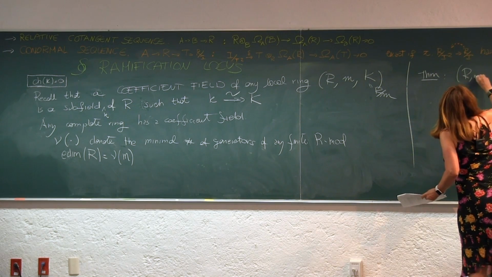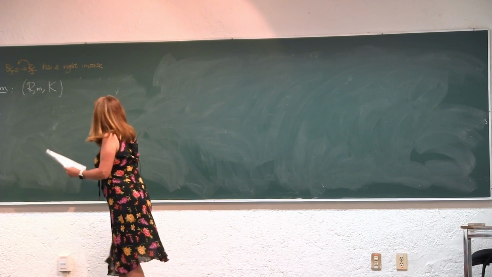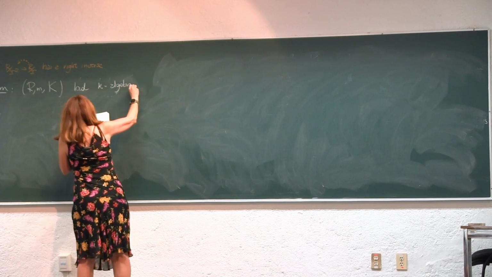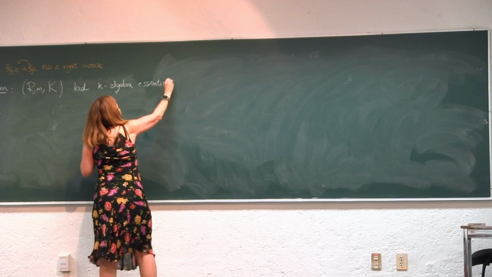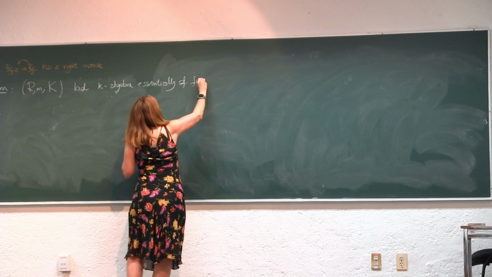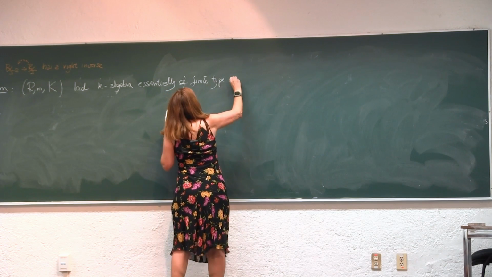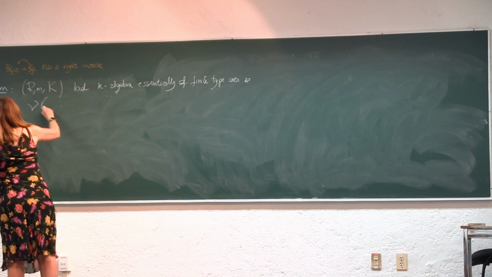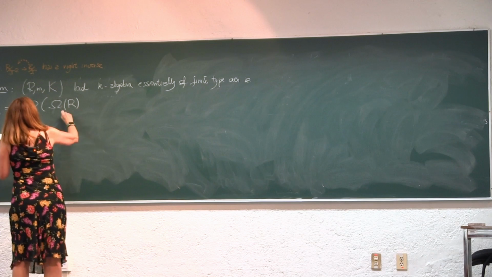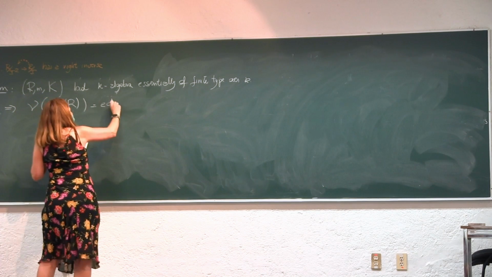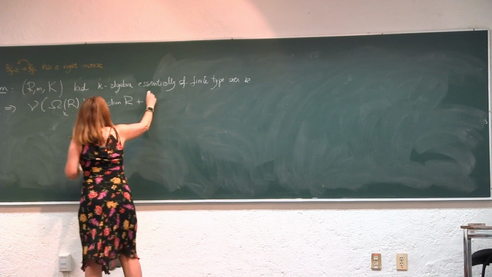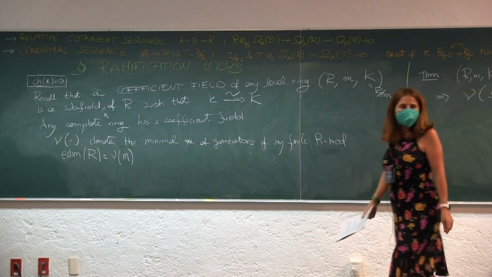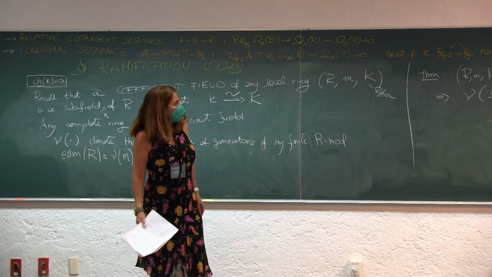So you have a local ring, this is the residue field, and assume that it is a local K algebra, so there is a small k, essentially of finite type over little k. Okay? And then what we claim is that the number of generators of the module of differentials of R over k is the embedding dimension of R plus the transcendence degree of the residue field over little k. Okay?